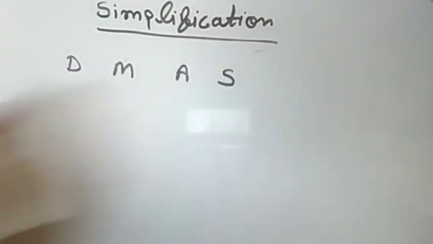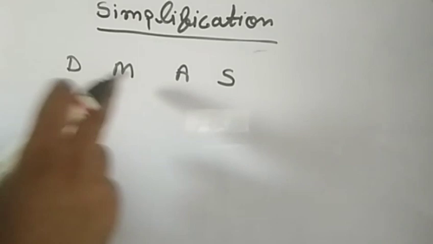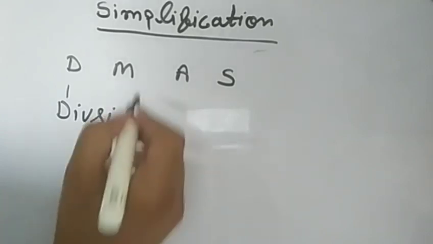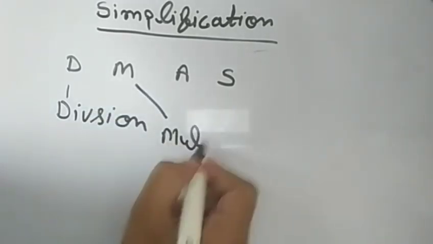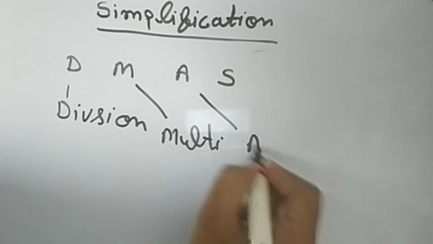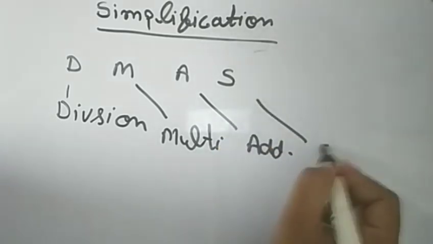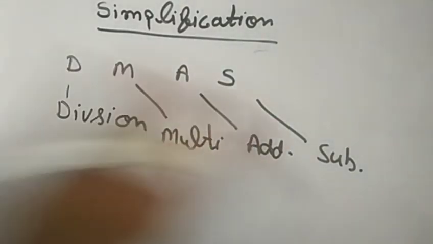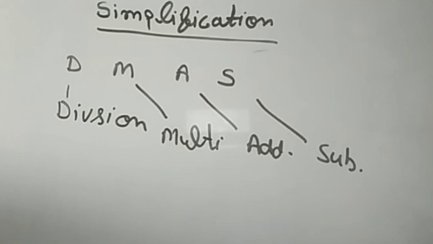DMAS. Okay, DMAS. D for division, M for multiplication, A for addition and S for subtraction. So we have to solve them in this order.